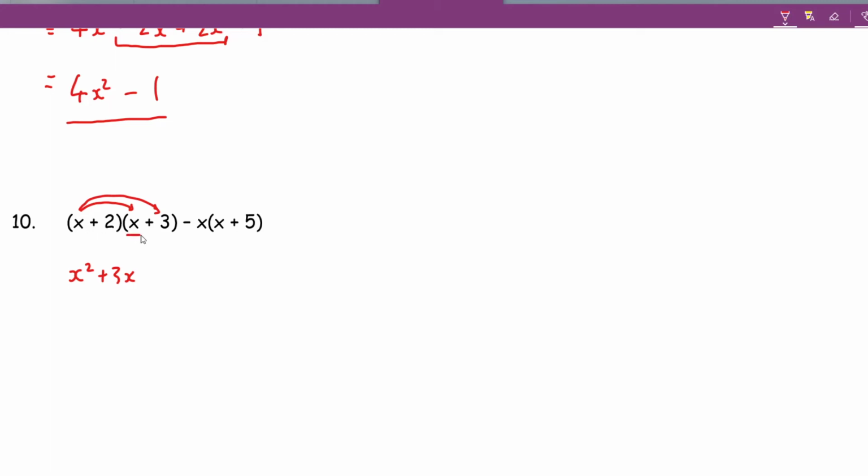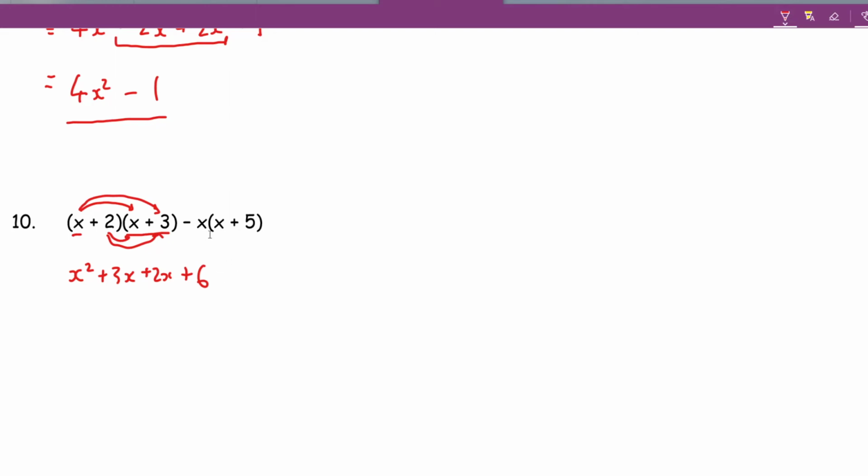So I've timesed all this bracket by this x, and now I'm going to times all this bracket by 2. So I'm going to double everything here. So 2 times x is 2x, and 2 times 3 is 6. All positives, so no need to worry about that.